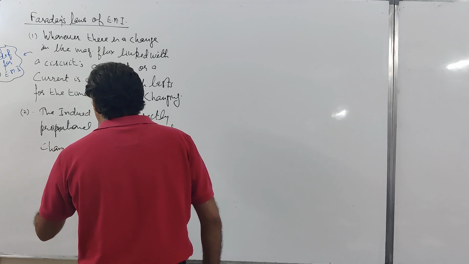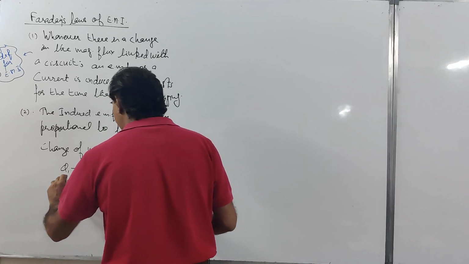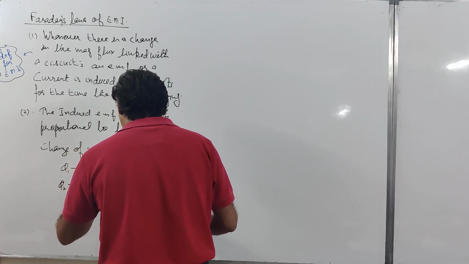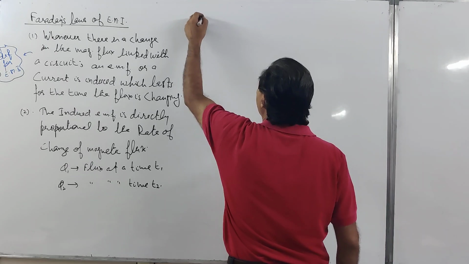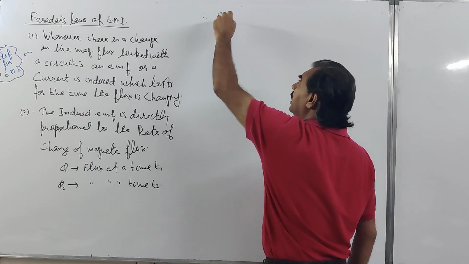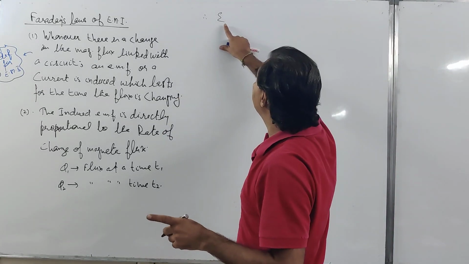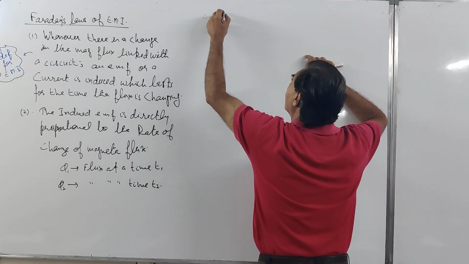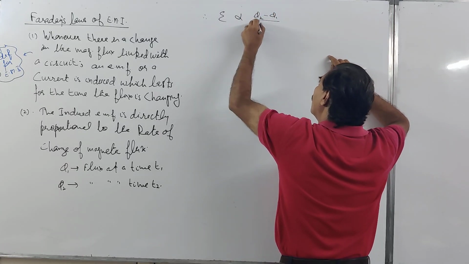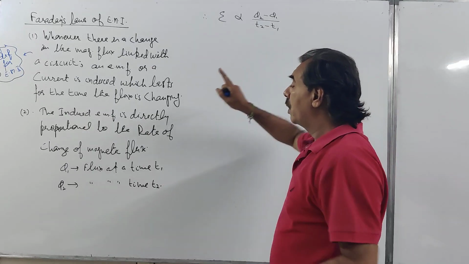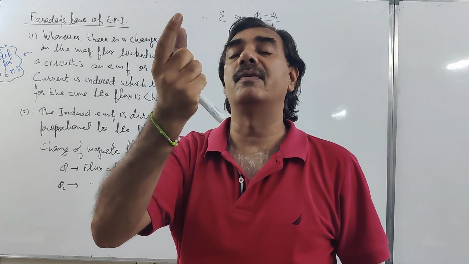If phi1 is the flux at the time t1, phi2 is the flux at the time t2, तो E इंड्यूस्ड ईएमएफ का E इस तरह डालना चाहिए. अगर बड़ा E डालेंगे वो इलेक्ट्रिक फील्ड होता है, तो इंड्यूस्ड ईएमएफ का E ऐसे डालना है. फिर देखो, प्रोपोर्शनल टू phi2 minus phi1 over t2 minus t1, because phi2 minus phi1 is the change in flux in a time t2 minus t1.